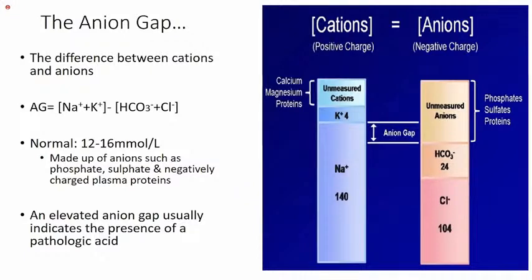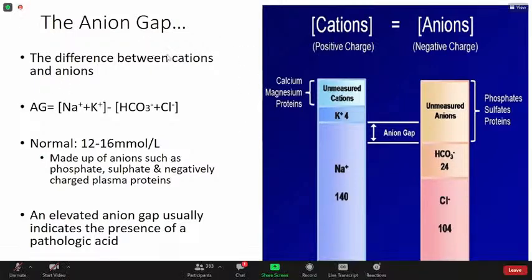So what exactly is the anion gap? The anion gap is basically the difference between the cations and the anions. Remember, you are basically walking around electrically neutral because the positive charges should equal the negative charges.